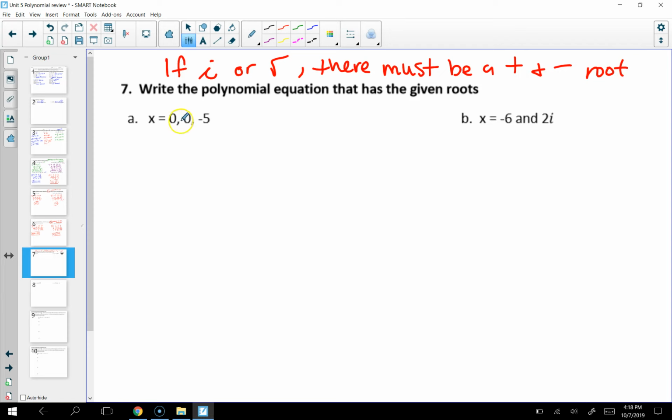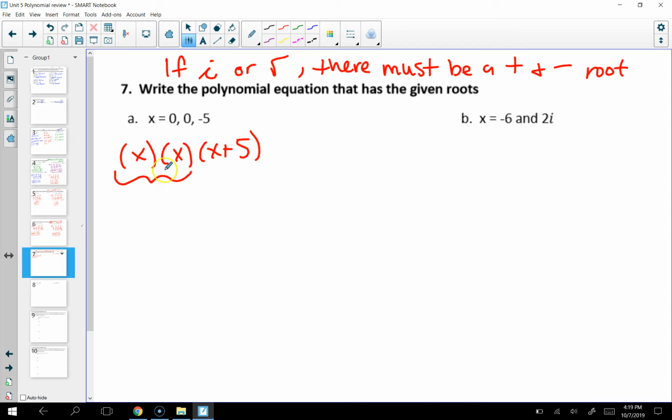My first one is 0, 0, negative 5. Don't have an i, don't have a square root, not missing anything. So we're going to put these back in their factors. So to make this, x plus 0 just means x, right? And then here, to bring negative 5 back to x, we're going to add it. Alright, we're going to multiply.